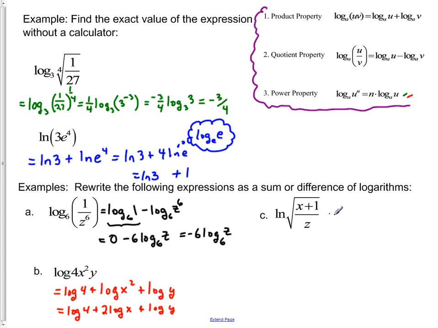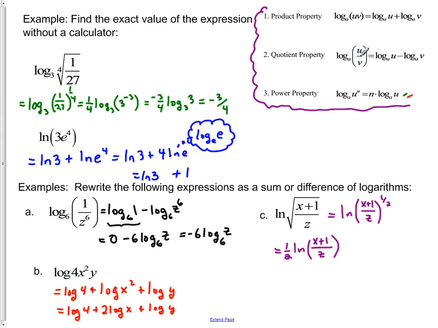This is, in fact, the same thing as taking the natural logarithm of the fraction quantity x plus 1 divided by z, all to the 1/2 power. All right, so what could we do with that? Well, in this case, we could take that exponent down in front and say 1/2 times the natural logarithm of the quantity x plus 1 divided by z.